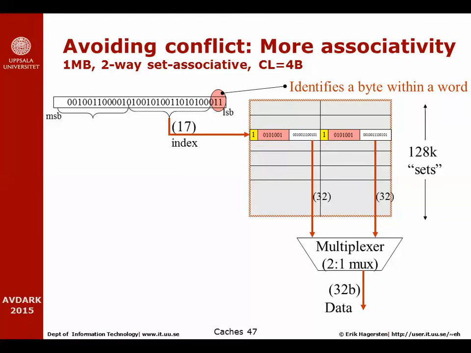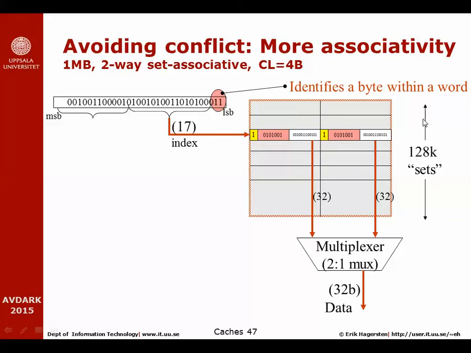So here you have such a cache design, and just looking at the design parameters here, it's a 1 megabyte cache. It's a 2-way set associative cache, and its cache line size in this example is 4 bytes. So in this example, we're only storing 1 word per entry, as we did in some of the very first cache designs we discussed. So we have 2 bits here that identify a byte within the word, the 2 ones here. So they're going to toss over our shoulder.